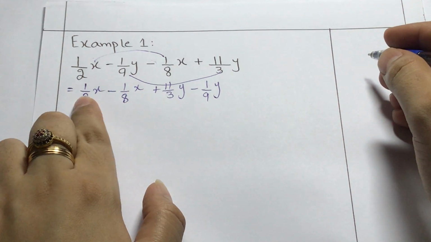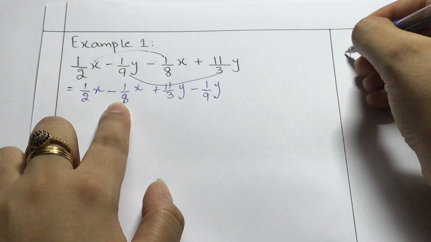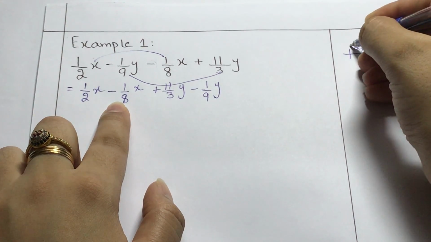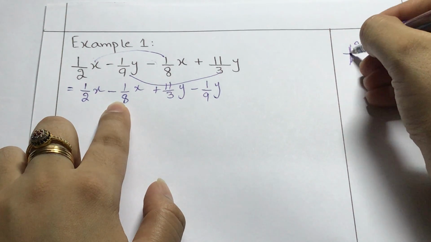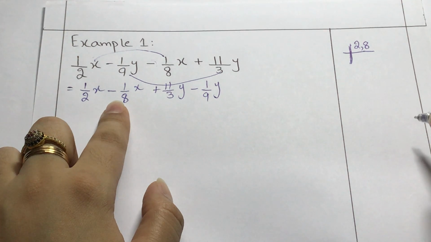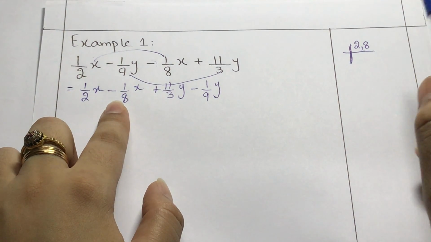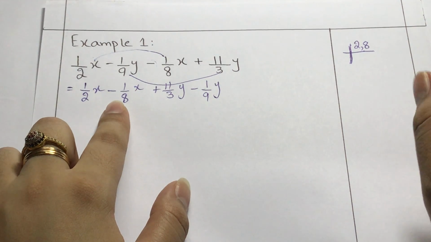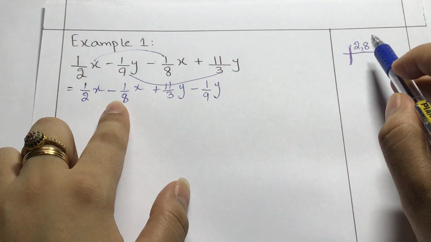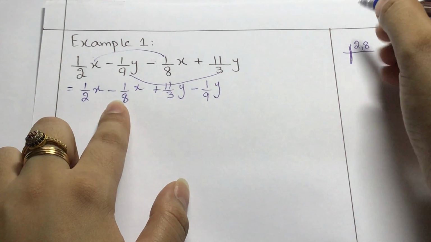So first we will take the LCM of the denominators 2 and 8, right? And you all know first we have to do the prime factorization, and for prime factorization we always choose the prime numbers, and we always start from the smallest prime number if the division is possible. You all know the smallest prime number is 2, and you all know 2 and 8 are divisible by 2.